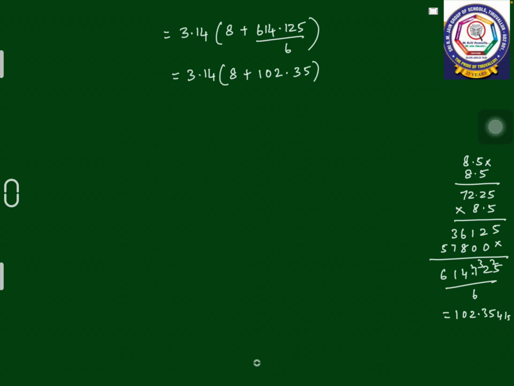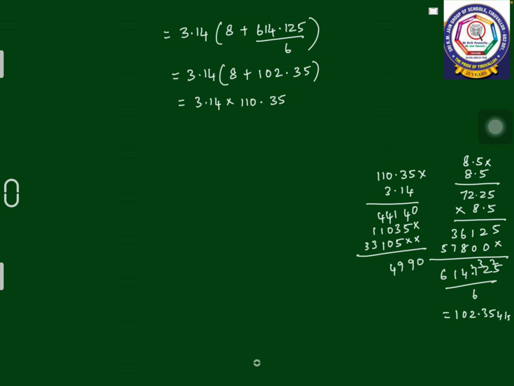Up to 2 decimal places, it is 3.14 into 110.35. So 110.35 into 3.14, when I multiply, I get approximately 346.5 centimeter cube, because we have taken up to 2 decimal places.